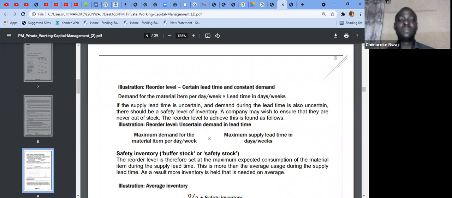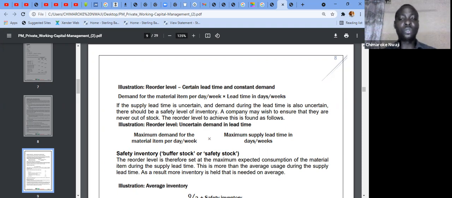What does that mean? It means that if you want to know the level at which to place your order, look at the demand that people have been making from you over the period. Can you find out a day you had the maximum? Use that maximum demand, you just assume, what if customers decide to make this demand every day at the maximum level?